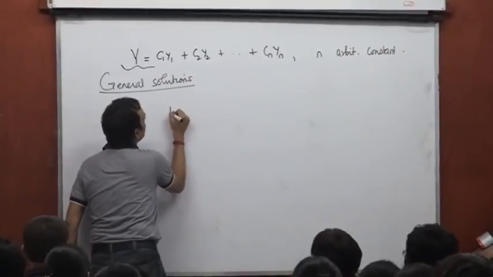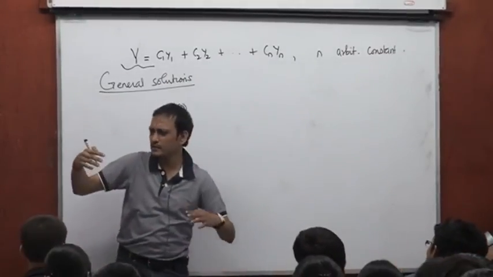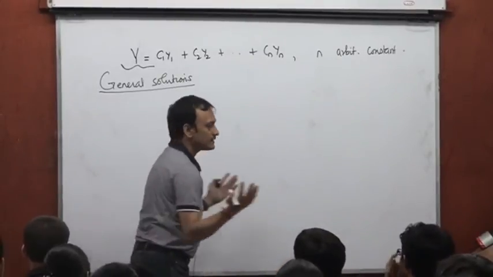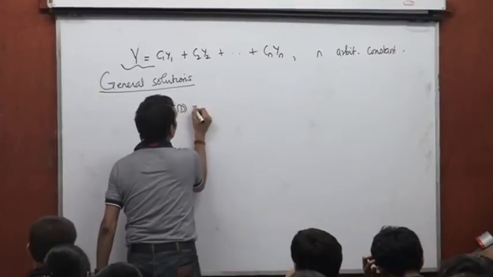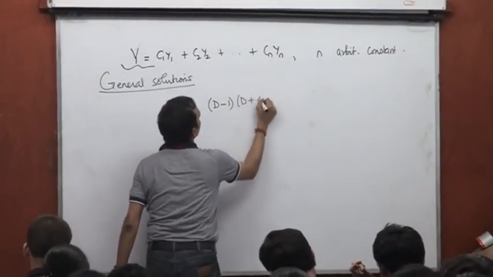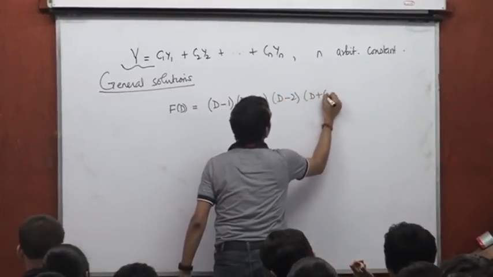Suppose we had FD, and you realize that you are at liberty to factorize the FDs. Suppose the FD turns out to be (D minus 1)(D plus 4)(D minus 2)(D plus 6).